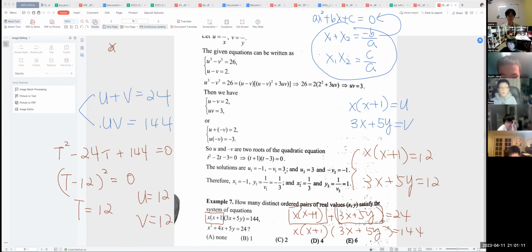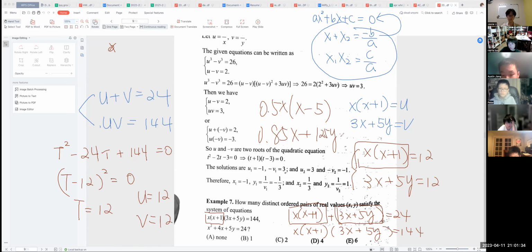Of course, maybe there's something, but Austin, remember, you're not trying to make the question harder for yourself. You're trying to make the question easier. So let me ask you, do you want everything to be clear like that, or do you want something like 0.5x times x minus 5, and here is 0.85x plus, I'm just making it up, or 125y equals something?